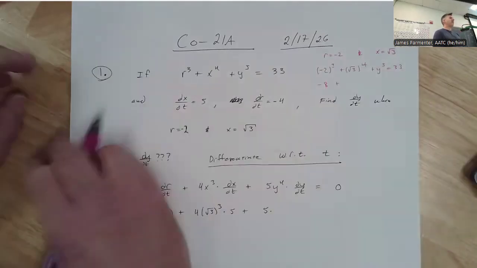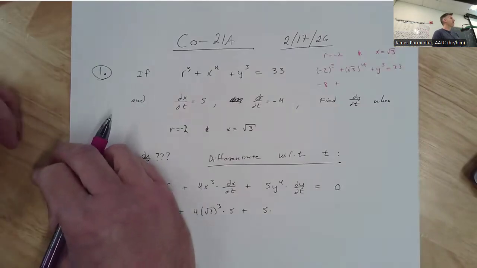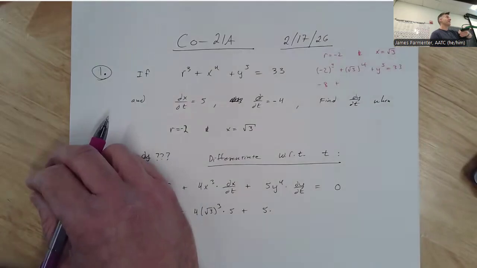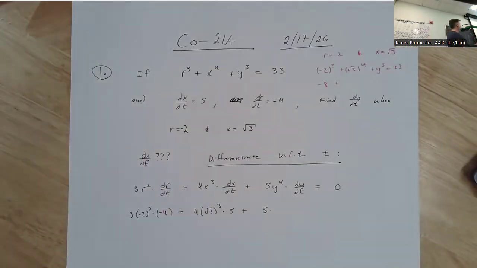What's the square root of 3 to the fourth power? I know all of you can calculate this. It's going to be 3 to the 1/2 to the fourth, so we have 3 to the second, which is 9.